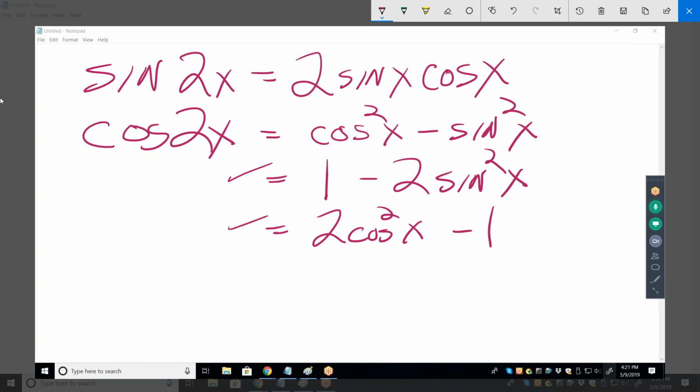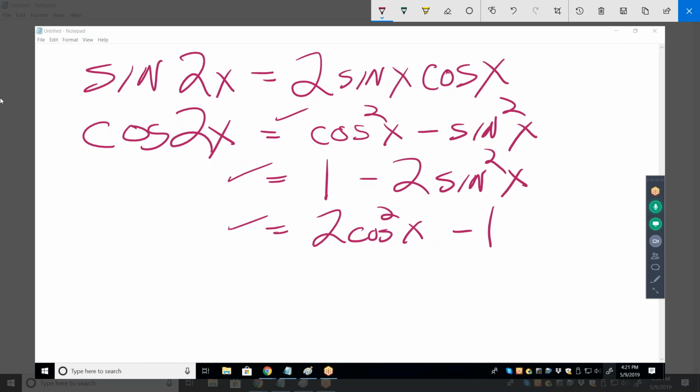And sometimes you don't care, as long as it's in cosine or sine, and you use the first one. Okay? So this is 15, 16, 17, 18 identities now.